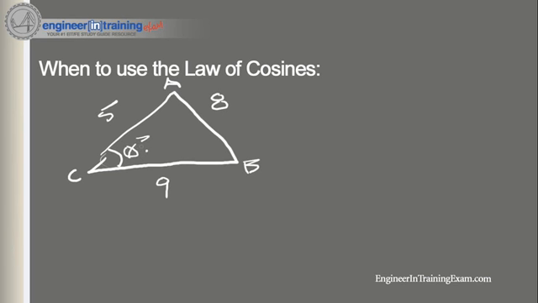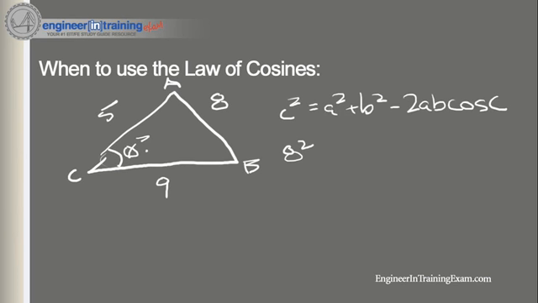So all we need to do is start with our standard equation. c squared is equal to a squared plus b squared minus 2ab cosine of C. And we just start plugging in all of the known quantities that we know. So we got 8 squared because this is side c, and the sides are just opposite their angles.